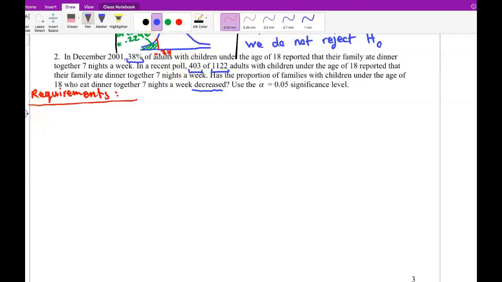So again, I'm assuming that this is random and independent, so assume we have a simple random sample.